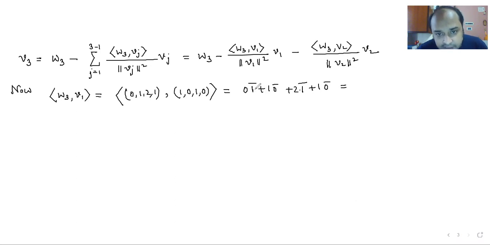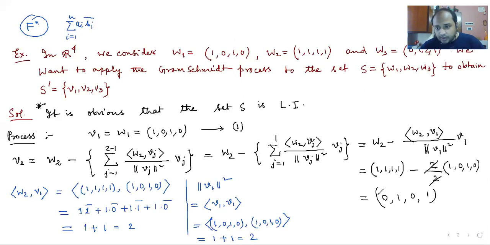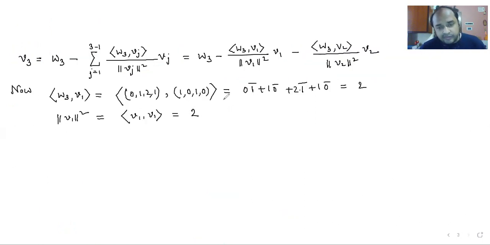This gives us 0, 0, 2 and 0. Okay, so the answer is 2. And norm V1 square gives us the inner product of V1 and V1, which I have found previously. Norm V1 square is 2. So we have got W3 V1 and norm V1 square.